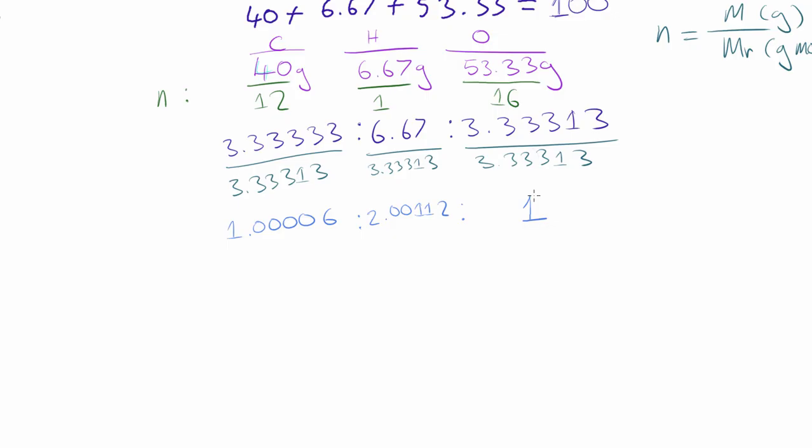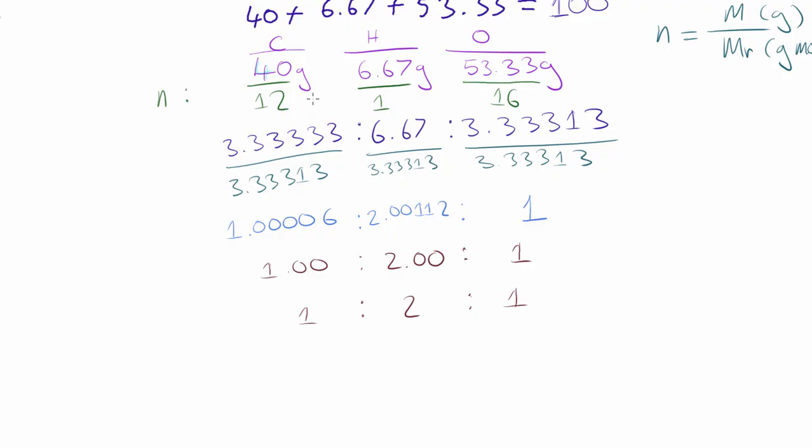So at this stage, all we need to do is round these two values, because they're so close to being an integer. If we round everything to 2 decimal places, we get 1 to 2 to 1.